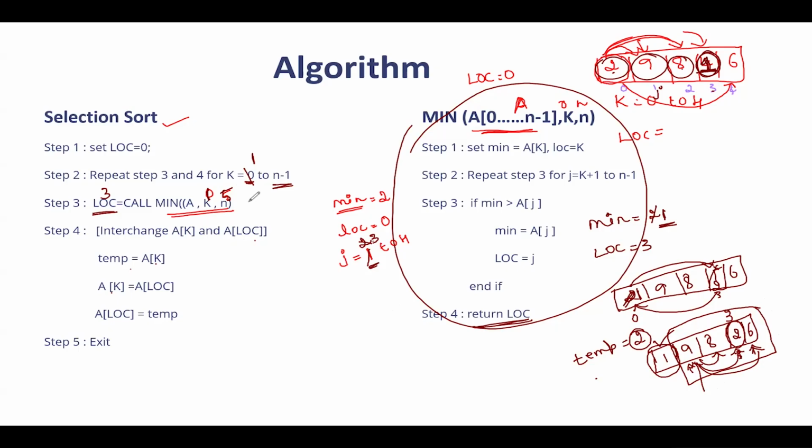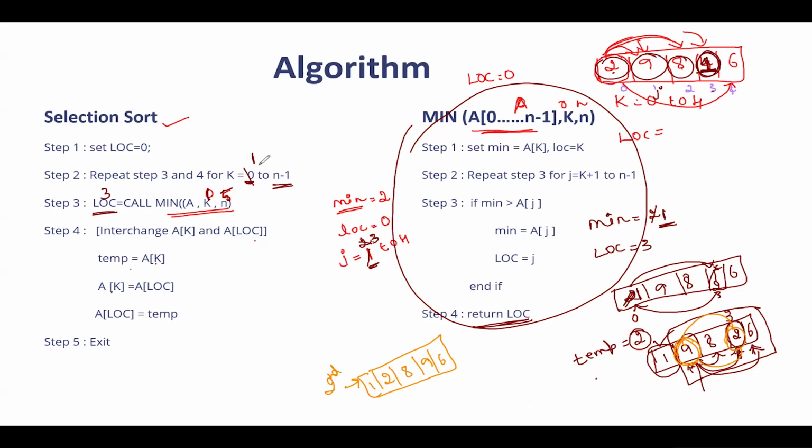Remember, the k value is 1, which means I am going to exchange these two values. So when I complete the second iteration, my output array is going to be 1, 2, 8, 9, and 6.